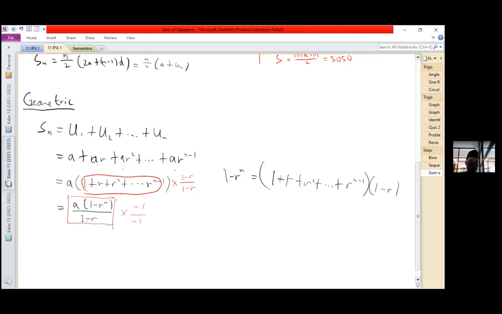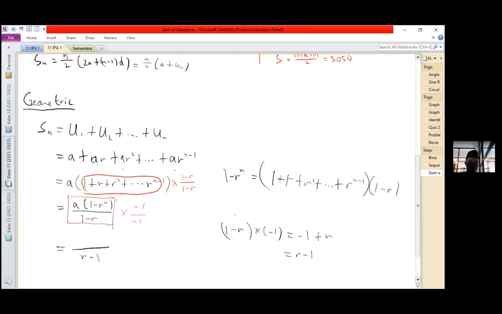Let's start with the denominator. 1 minus R times -1: 1 times -1 is -1, and negative R times -1 is R. So we'll have -1 plus R, or R minus 1. So that's the denominator.